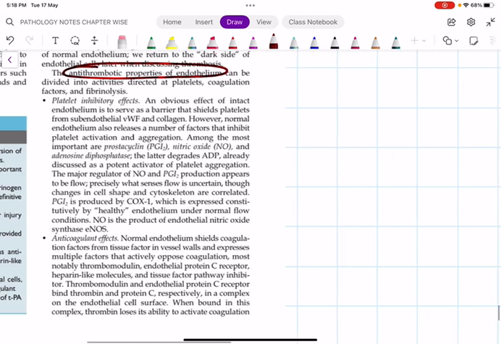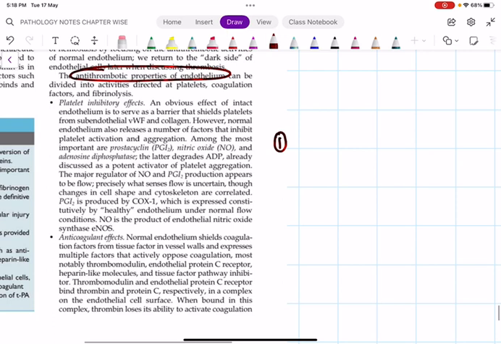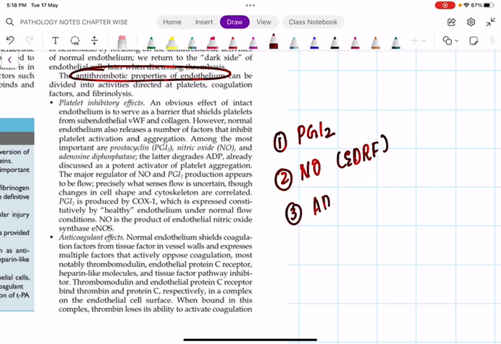Three important names. Number 1, PGI2, prostacyclin, inhibits platelet aggregation. Number 2, nitric oxide, also called endothelial derived relaxing factor, EDRF. Number 3, adenosine diphosphatase, because ADP will favor platelet aggregation.